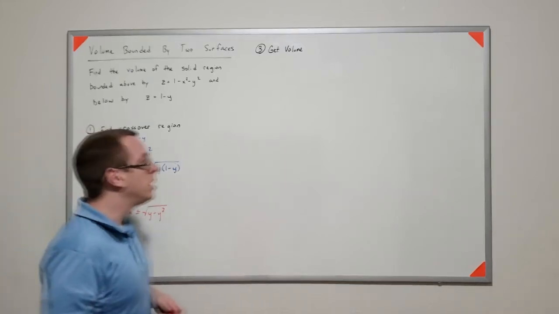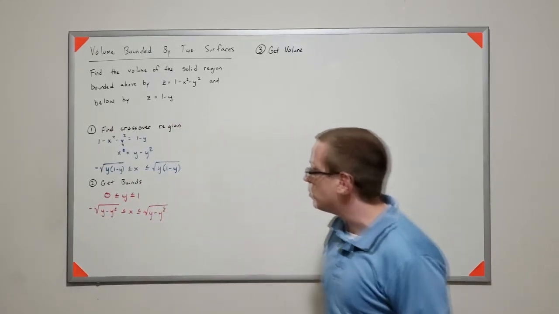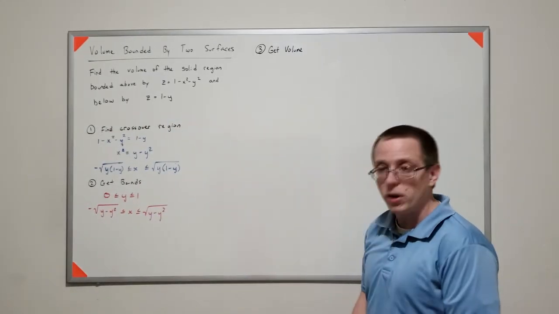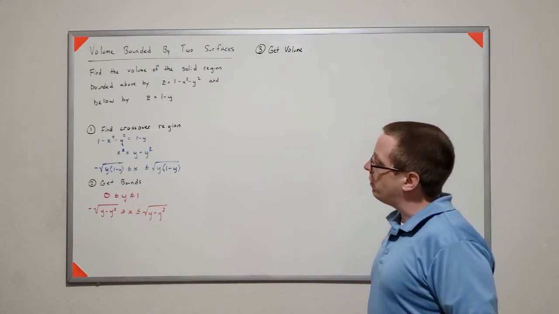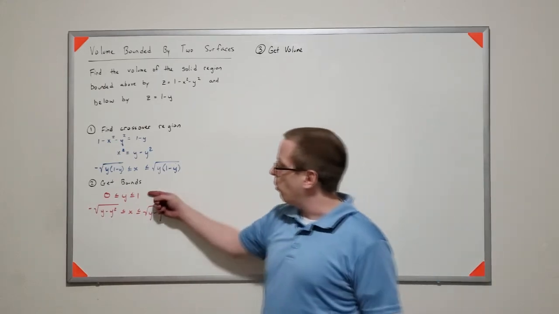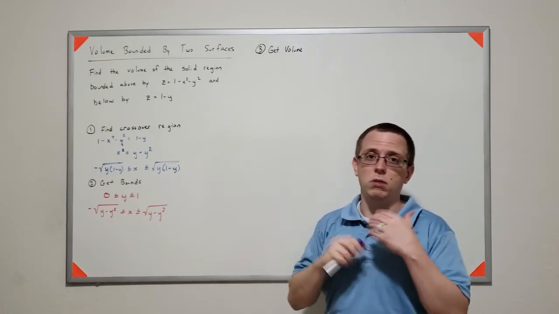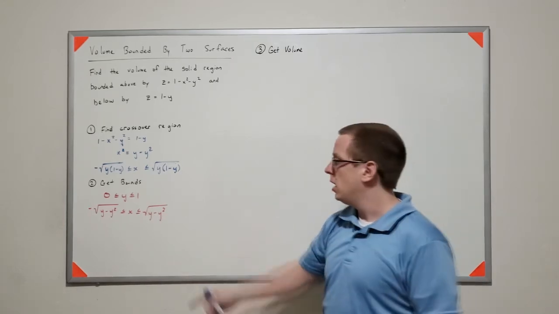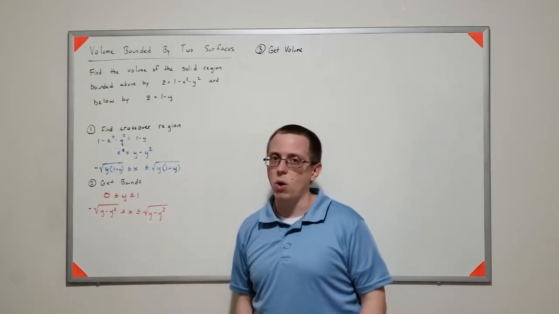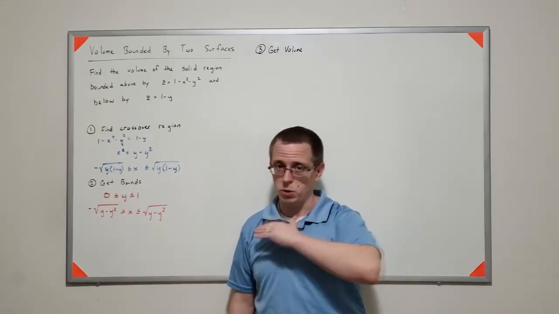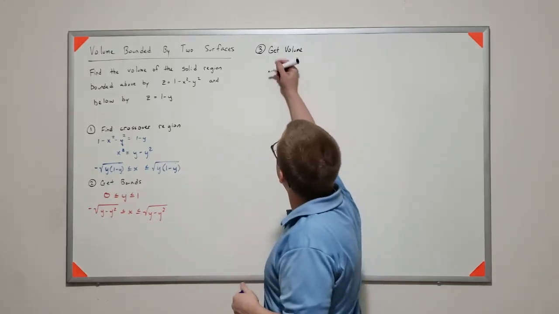And so the next thing we want to do, now that we have the bounds, is integrate this thing. We want to solve it. Well, if you look at this, the y values are constant values, they're numbers, and the x values are functions of y. So that means we need to integrate with respect to x first.